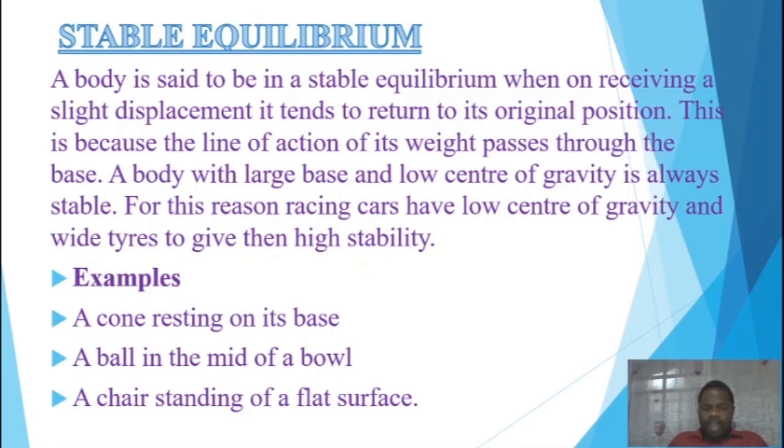So examples of bodies in stable equilibrium. We say a cone resting on its base. When a cone rests on its base, even a cylinder resting on its base is in stable equilibrium. A ball in the middle of a bowl. So if you put a ball in the middle of a bowl and push the ball, it will go back to the midpoint of the bowl because it is what?